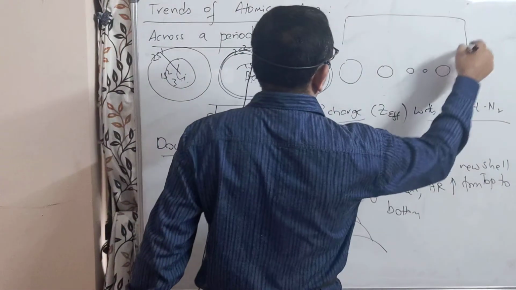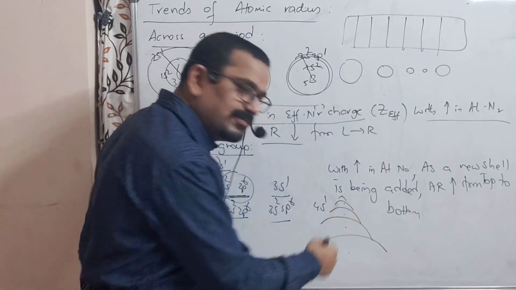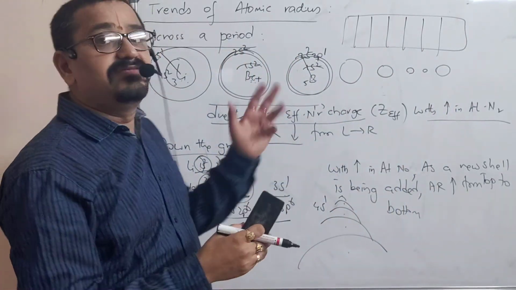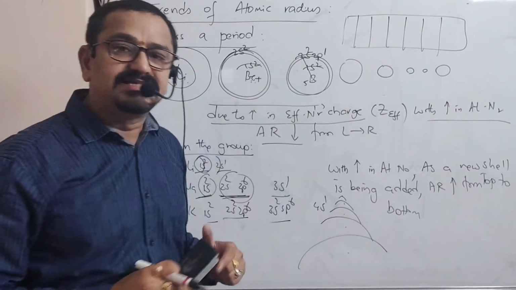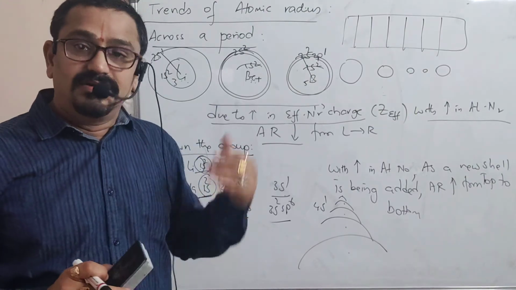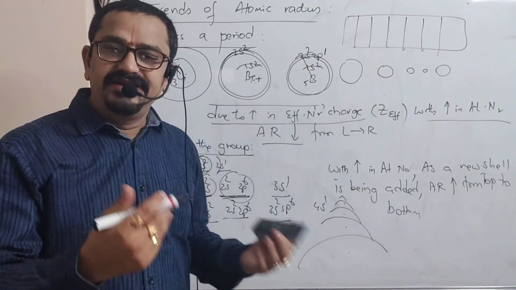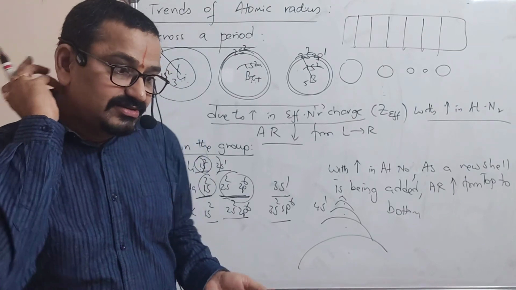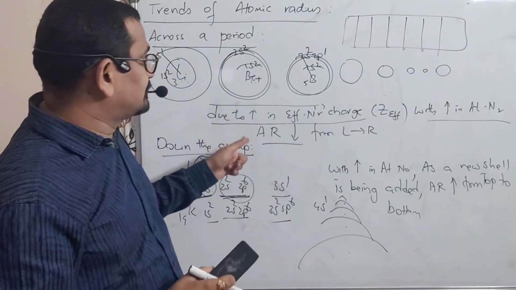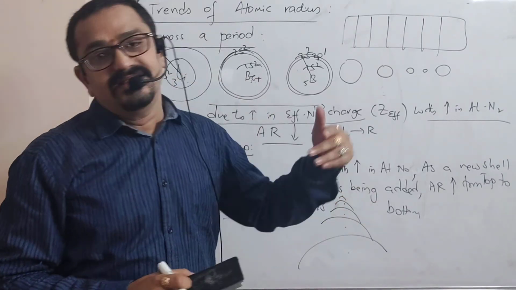Similarly, in transition elements, down the group, is atomic size increasing in the same manner as other groups, or is there any variation? These points are important and come in objective teaching, like level 2 teaching, meaning for JEE, NEET and advanced. In those sessions we will discuss the variation of atomic radius in transition elements and inner transition elements.